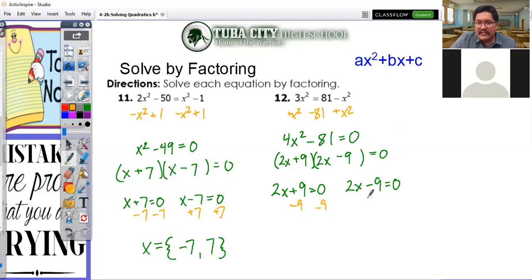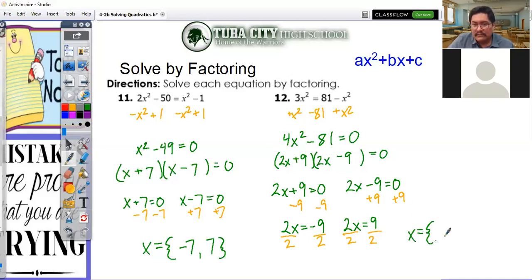So again, it's just using some basic algebra. I'm going to have to get rid of these 9s by doing the opposite or inverse operation from both of them. Okay.